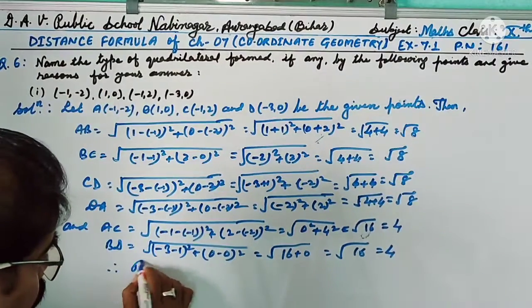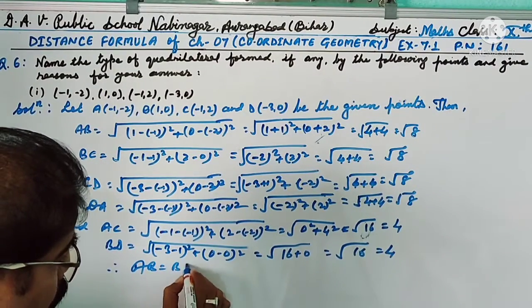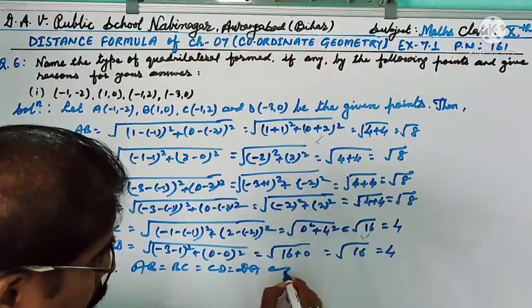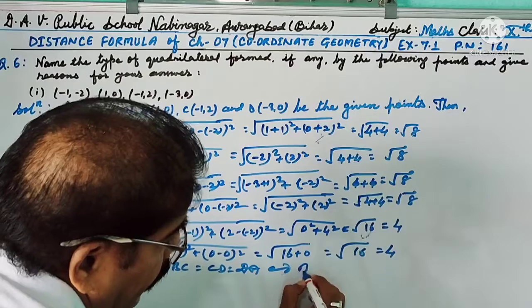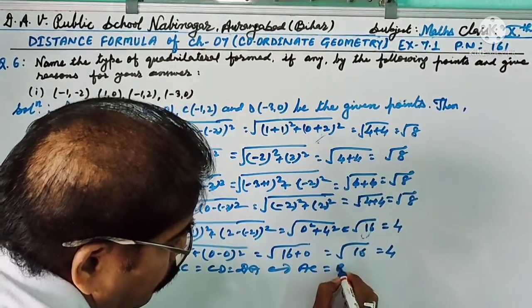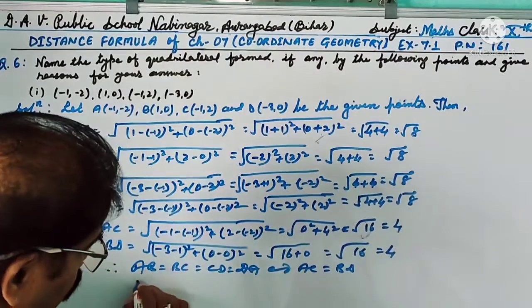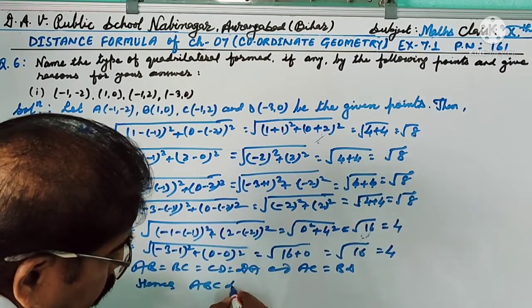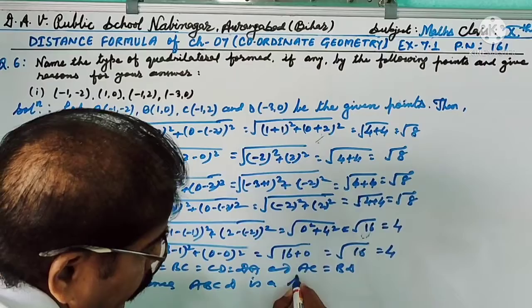Therefore AB equal to BC equal to CD equal to DA, and also AC equal to BD. Hence ABCD is a square.